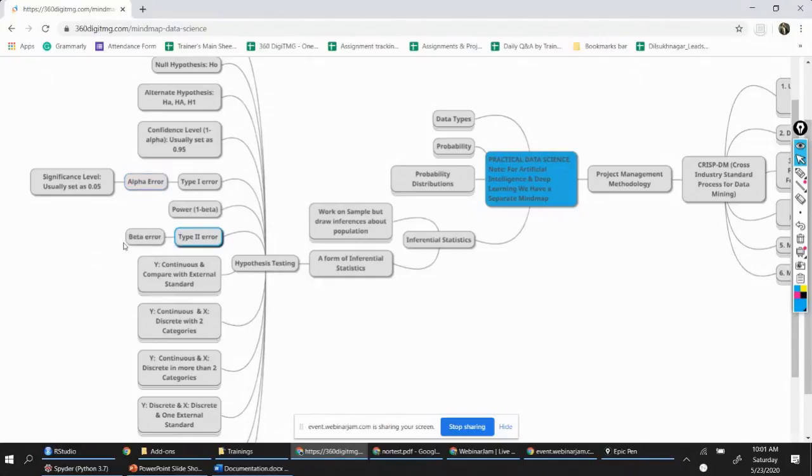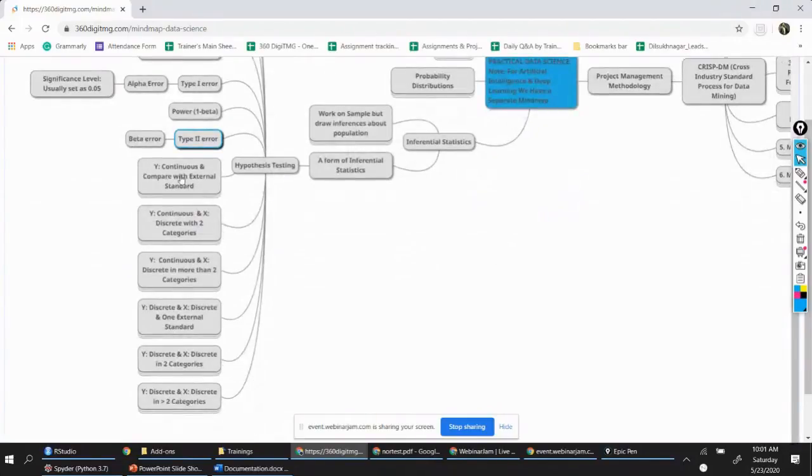Type 2 error is when you need to do something different, but you are not taking action. We classify type 1 error as alpha error, type 2 error as beta error. And we also have 1 minus beta, which is the power of the test, the right thing to do when you should take action.